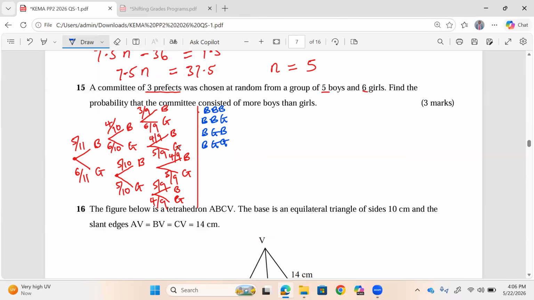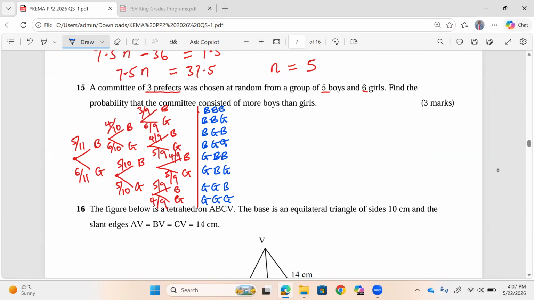After that, we can proceed to girl, boy, boy. Girl, boy, girl. I hope you see how I'm following through. Then girl, girl, boy. Then girl, girl, girl. So now these are all the possibilities of what can be chosen.